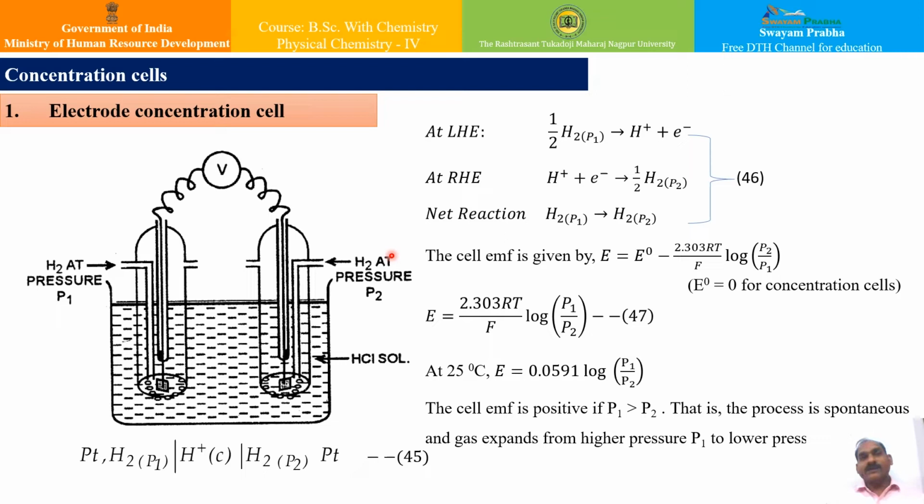The second case can be further divided into electrolyte concentration cells with transference and without transference, which we will see subsequently in this lecture. However, first let us see the electrode concentration cell. So now you can see over here, this is an electrode concentration cell. In this cell, the concentration of electrolyte is the same, but the concentration of electrode is different.